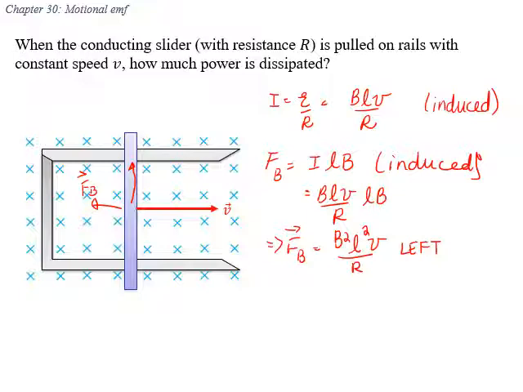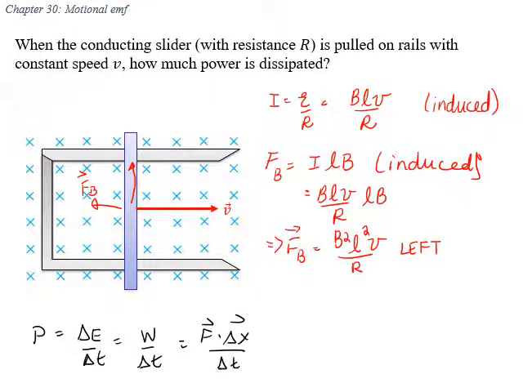So the power dissipated by that force is equal to the change in energy over the change in time, or the work done by the force over time. The work done would be F dot delta x, that's divided by the time. Delta x over delta t, that's just the velocity. The velocity is to the right, the force is to the left, so that's F times V times cosine 180 degrees equals minus FV.